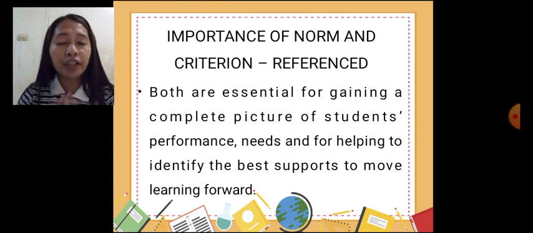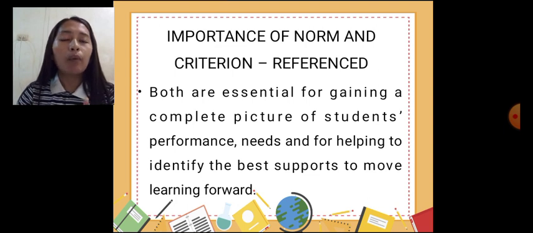Like in criterion reference grading, it contributes to consistency and fairness in grading, while in norm reference grading, it gives educators the ability to easily measure a student's ability and skills development.